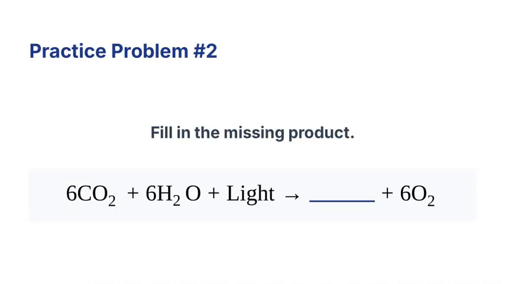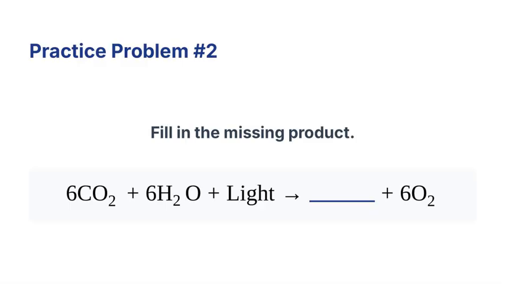Okay, let's go on. So, second practice problem: fill in the missing product. Honestly, I guess we're just going over the very basics of photosynthesis. When you go into biology or AP biology, you're gonna go really in depth.